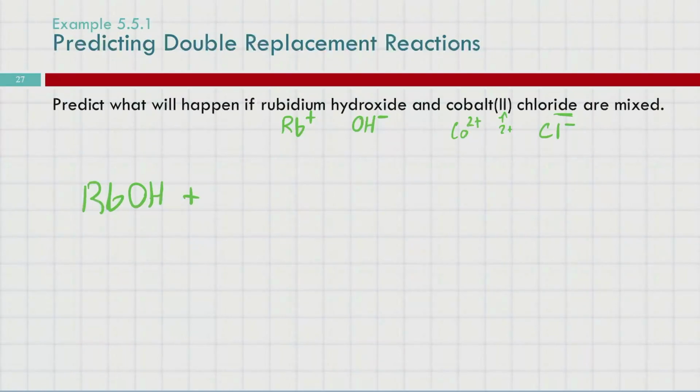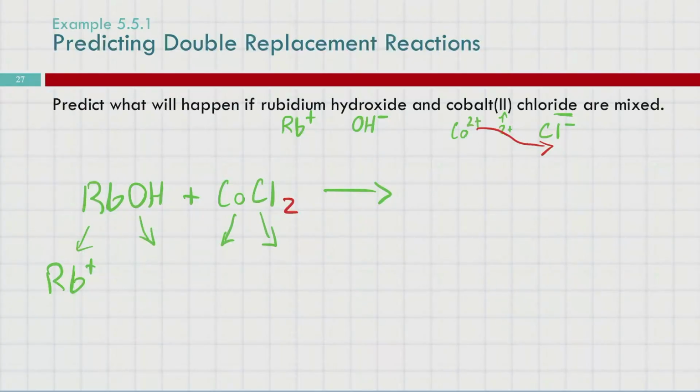And our other reactant, we crisscross the Co2 plus and the Cl minus, and we get CoCl2. And since we already have the ions written out, we'll write down what these break into below.